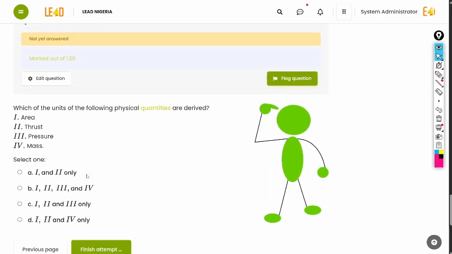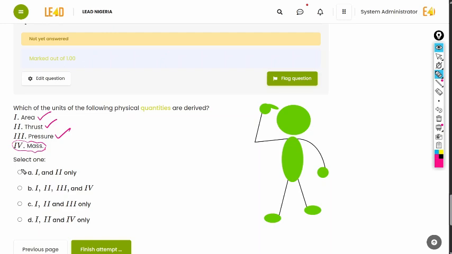28. Which of the following physical quantities are derived? We've answered 28 before, I believe. The ones that are derived: area is derived, thrust is derived, pressure is derived. The only one that is fundamental is mass. The way to do this is to learn your fundamental units, about 8 of them.